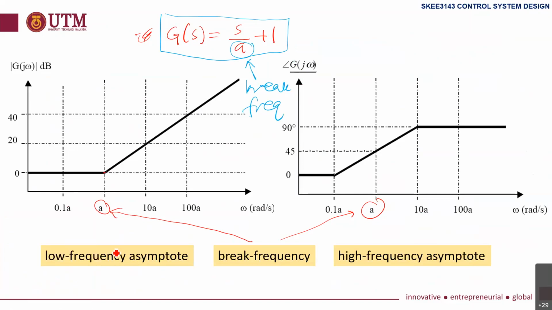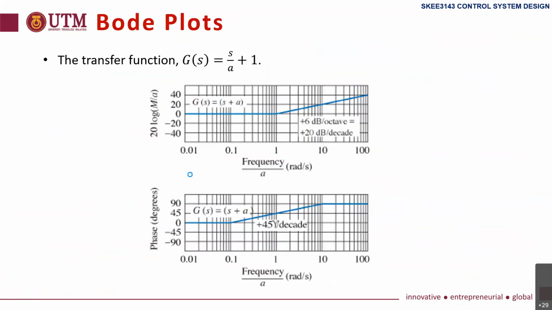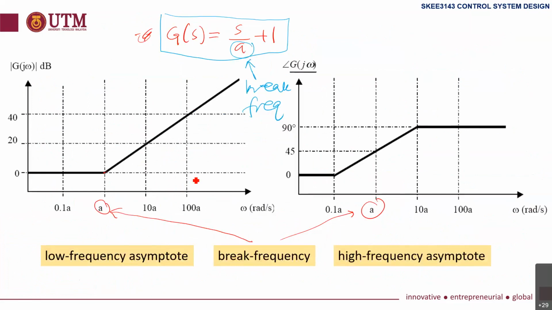When we do the straight line approximation, we approximate below A and then after A, when omega is very small and when omega is very big. In that case, when omega is small, we call it the low frequency asymptote. Asymptote means the line, the straight line.